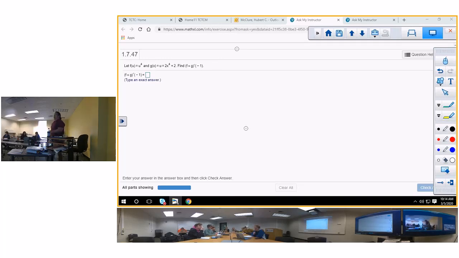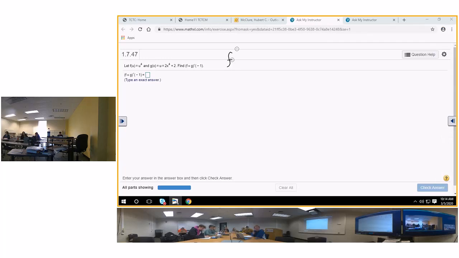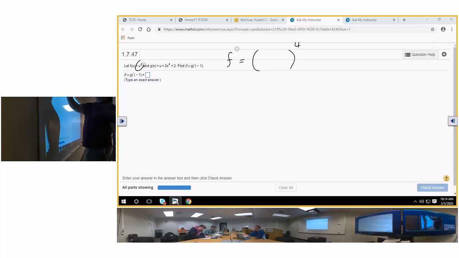Parentheses to the fourth power, right? Yes, Hubert. So, f is equal to parentheses to the fourth power. Right there. And what are we going to do with g? Plug it in. 2x to the fourth plus 2.